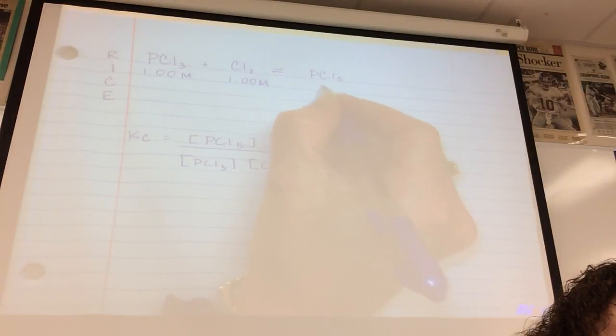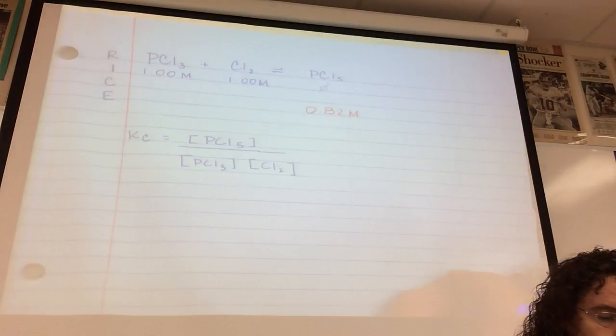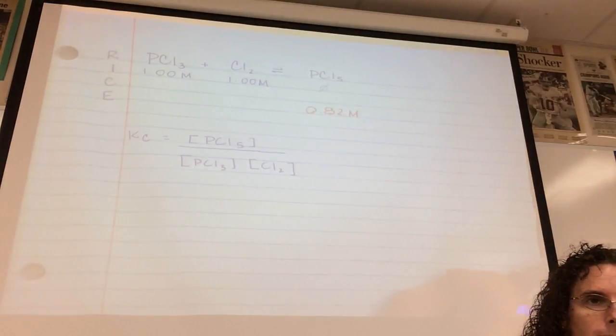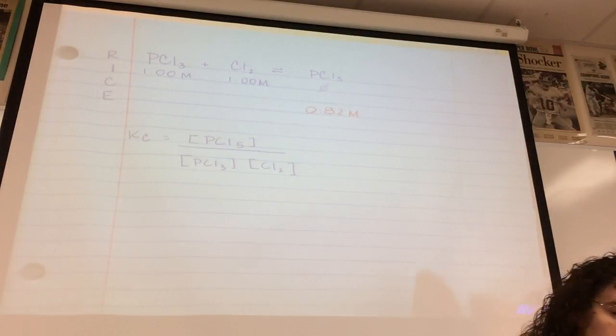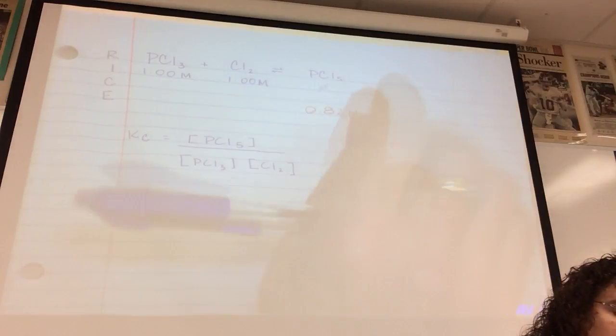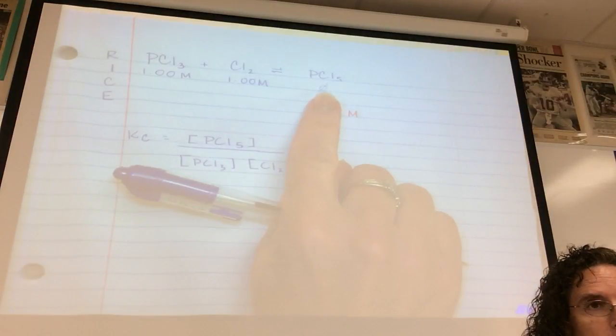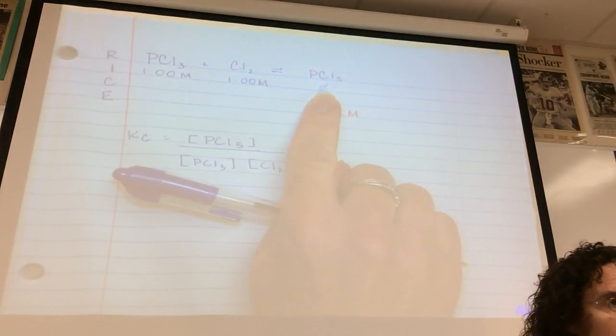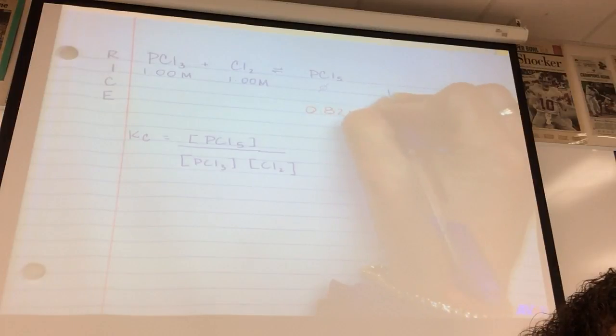Initially, you didn't have any of this. And the fact that you don't have any of this tells you you initially must be going in the forward direction. E is equal to I plus C.